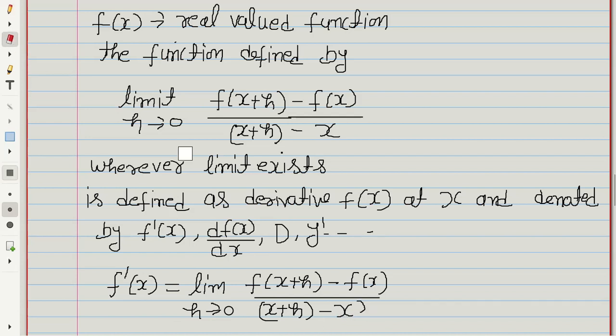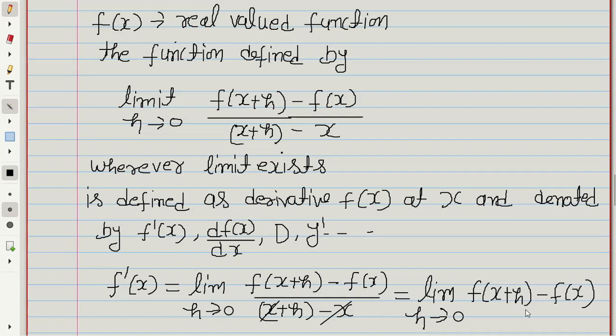So here x and x would get cancelled. So finally you will write limit h tends to 0 of f(x plus h) minus f(x) upon h. So this is the derivative of f(x) at point x.